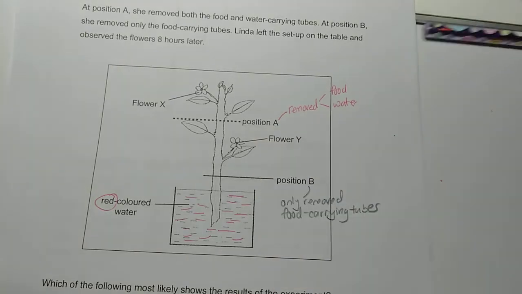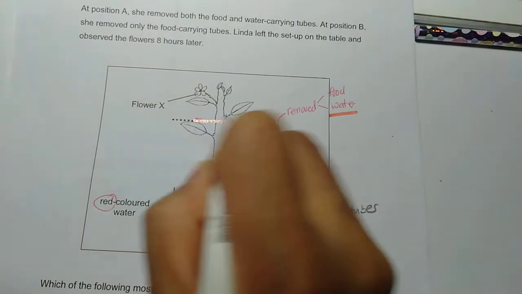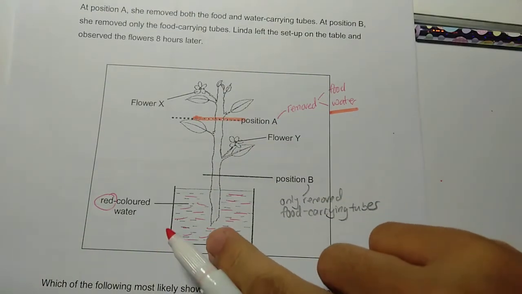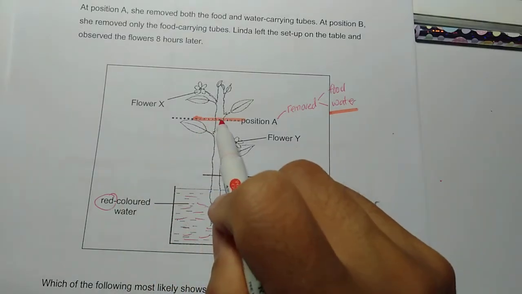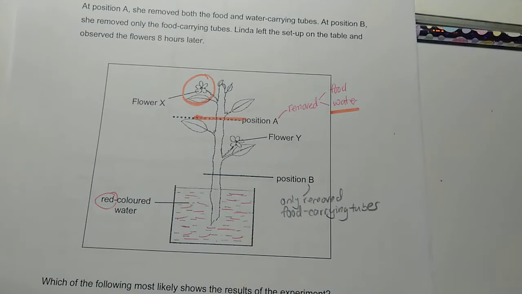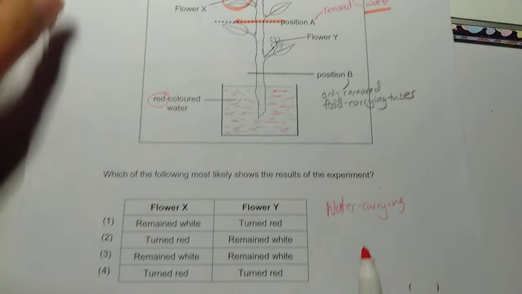We know at position A, the water carrying tubes were cut off. So here is cut. Any water that's absorbed, that is transported up the water carrying tube, can never get past position A. That means that flower X will remain white. They were white color flowers, right? It will remain white. So X must be white.